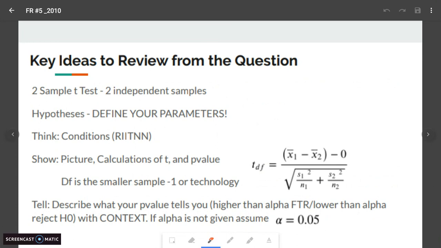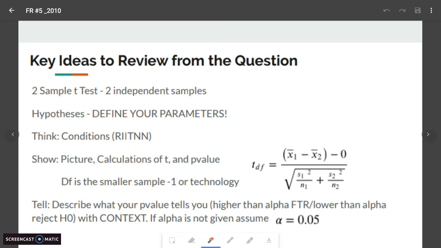Now for the show, I would make sure to have a picture, make the sketch. You get the calculation of t. So over here I have the formula for you where it's the t with degrees of freedom, the 2 samples subtracted, minus 0, over the standard error. In this case, it's the standard deviation of the first one squared over the sample size plus the standard deviation of the second one squared over that sample size.